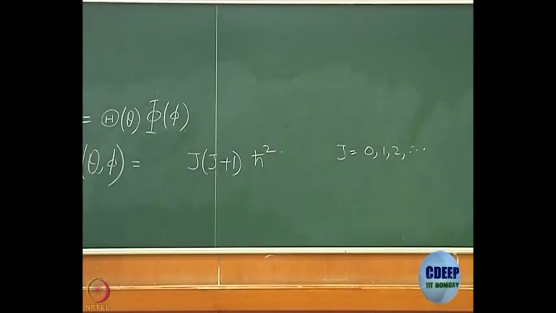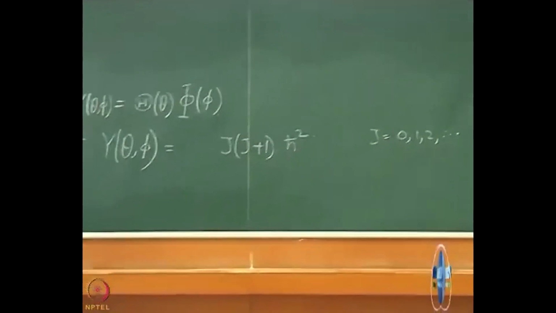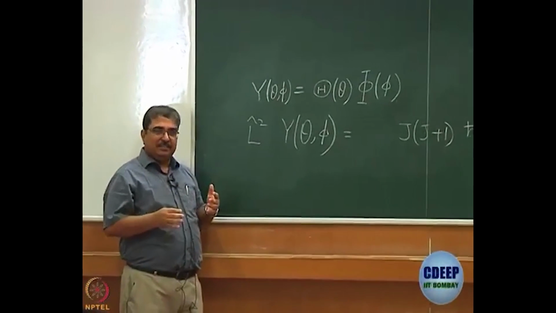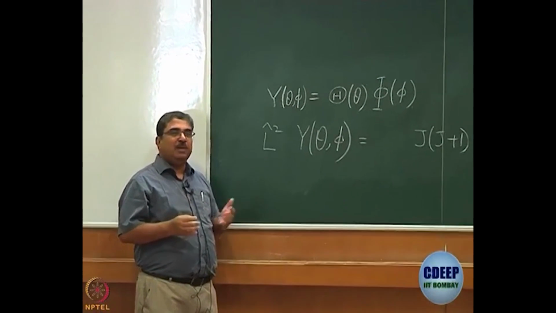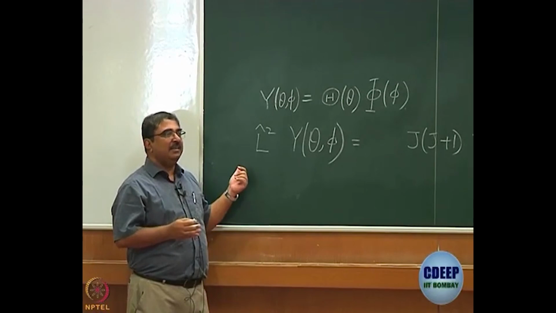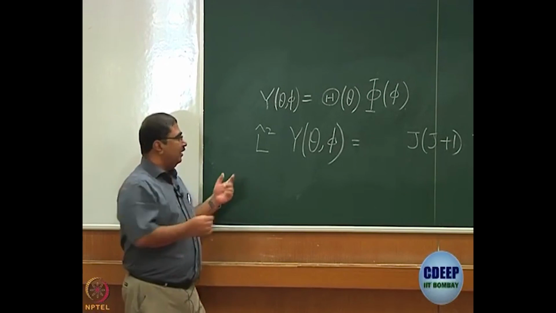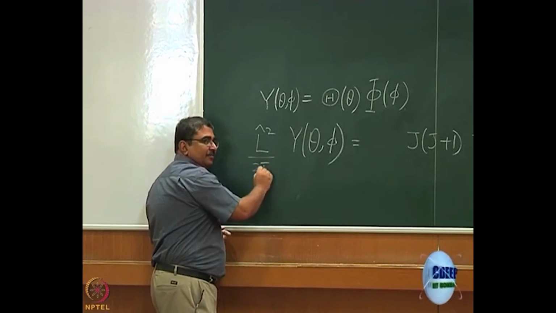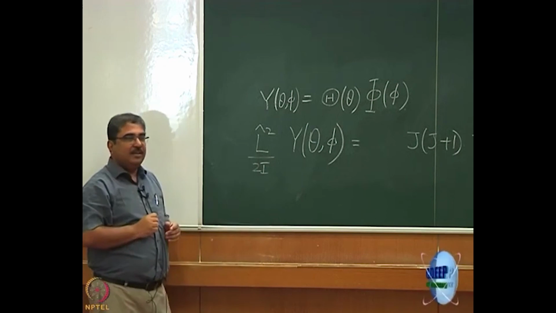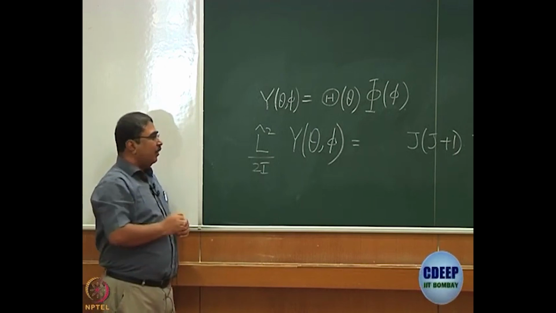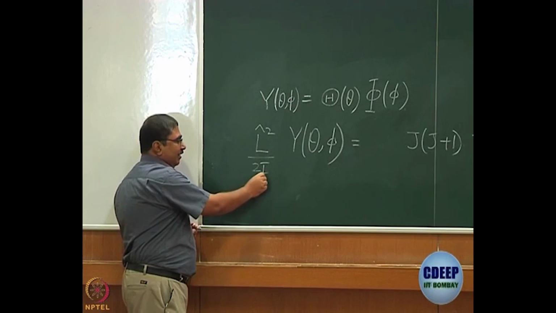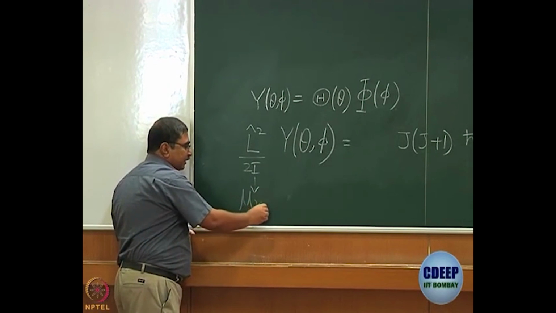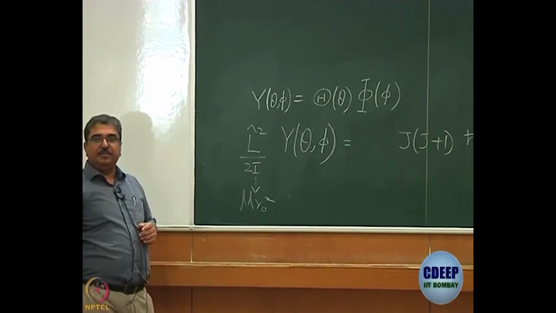Now, let us see if we can write the expression for energy. If you remember your rotational dynamics, the relationship between rotational energy and angular momentum is L square by 2I, isn't it? What is I? Moment of inertia, which is mu r0 square. Very good.